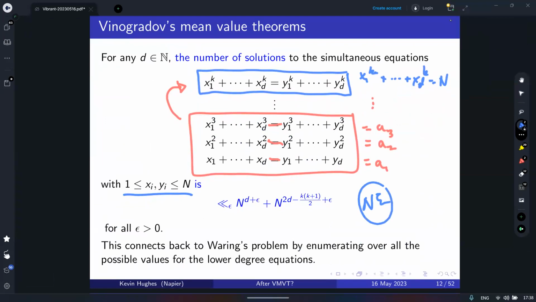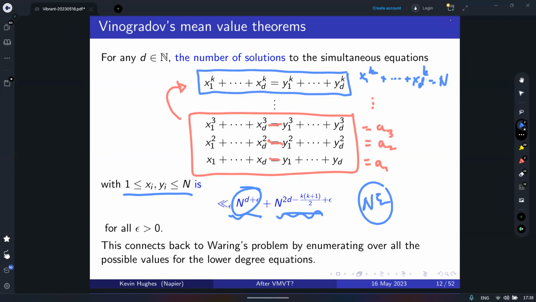We have lower bounds that say it is at least of this size. And I have this as a sum because there are two different regimes. When I have few variables, that is when d is less than k times k plus 1 over 2, this term dominates. And when d is sufficiently large, the other term dominates. This term right here comes from that volume estimate we just discussed, whereas this one comes from special subvarieties that lie on this system.